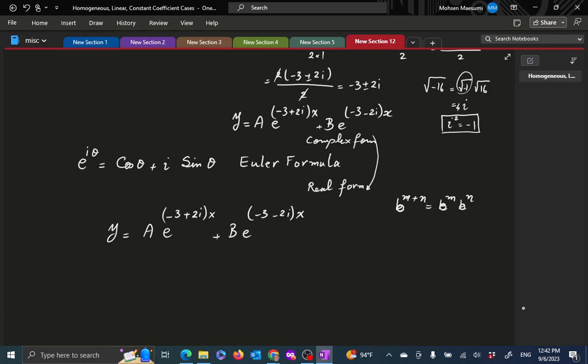From college algebra, you add up the exponents; in reverse, you separate them and then you multiply. So here's addition, and here is multiplication. So what I do here is write minus 3x and 2ix. Of course I have to multiply my parentheses by x before I separate.